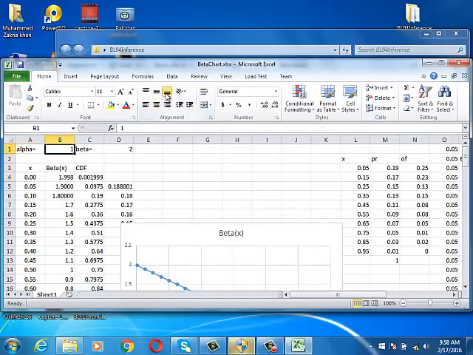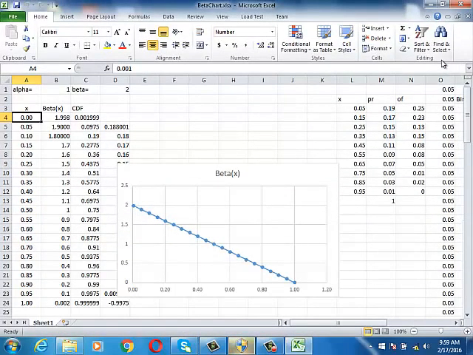So here I have alpha 1 and beta 1, and I have put down x. X is my ordinates. Now what I have done is replace 0 by 0.001, because when you have negative powers like 1 over theta, it becomes infinite and causes problems.